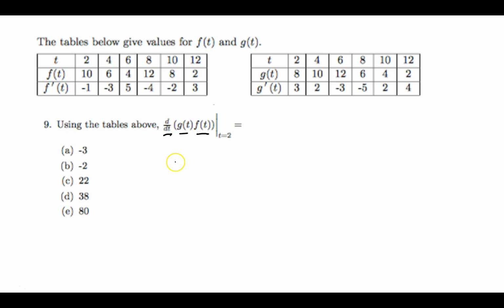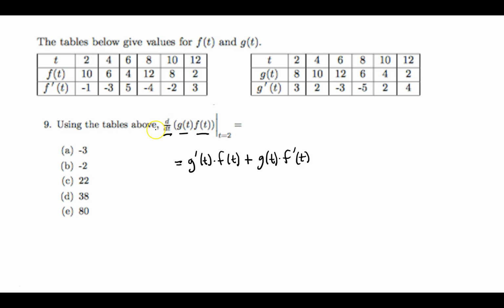So we use the product rule where we take the derivative of G and we leave F alone, put a plus sign, leave G alone, and take the derivative of F. And so we want to evaluate this at t equals 2.